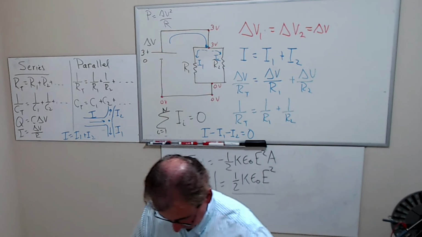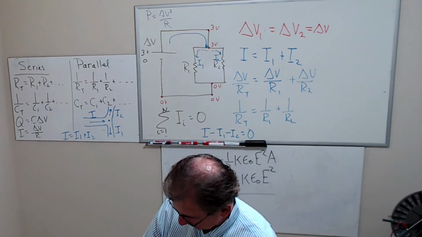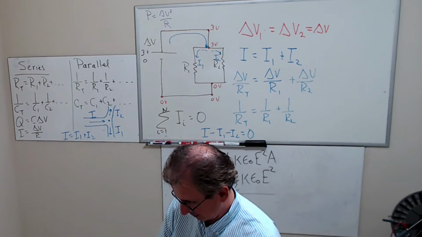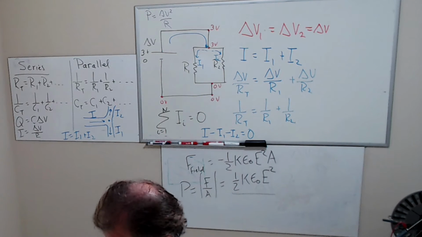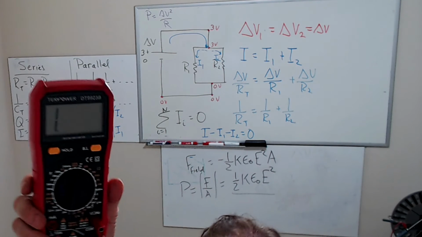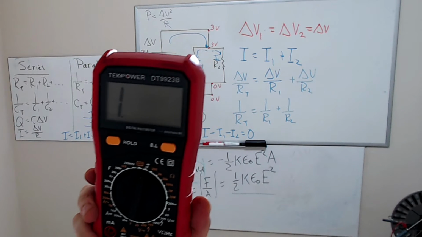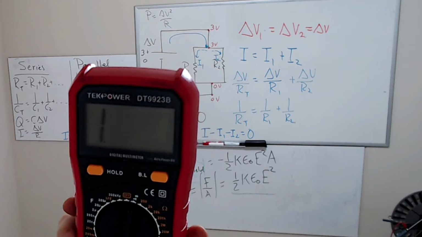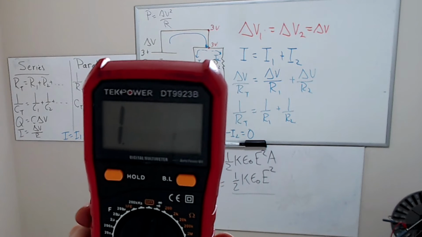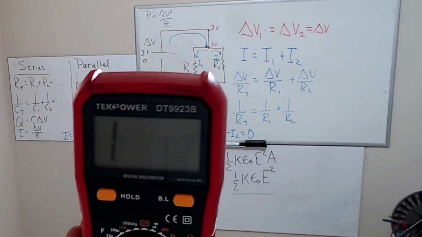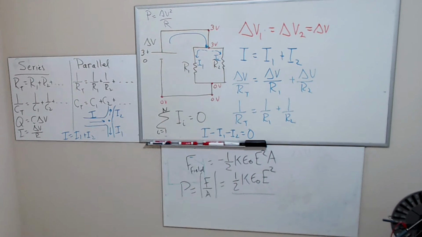That's really all you have to do. And in fact, on this multimeter, the good one, there's a setting, and I have it set to that value right now, that allows you to actually measure continuity.